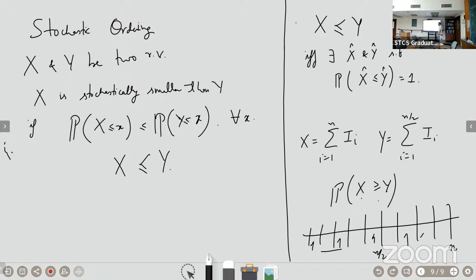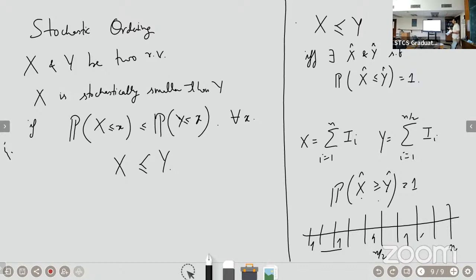Now X hat is going to have the same distribution as X. Y hat is going to have the same distribution as Y. But definitely X hat is greater than or equal to Y hat for that choice. What this theorem tells me is that if such a thing exists, then stochastic dominance definitely holds. So it's a great application of the very simple theorem.